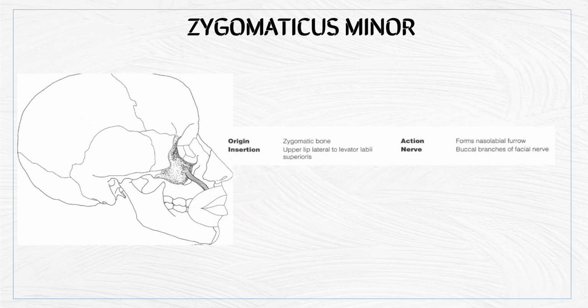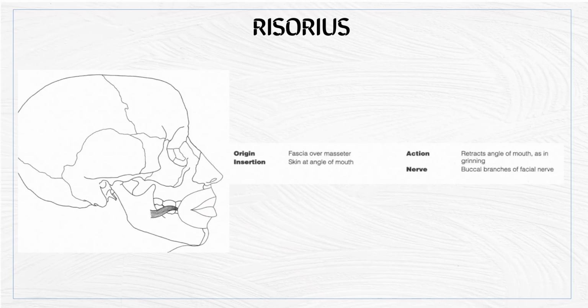Similar to major, minor muscle also originates from the zygomatic bone, but it is inserted in the upper lip lateral to the levator labii superioris. Levator labii superioris will be inserted in this part. So lateral to this, zygomaticus minor is inserted, and the nerve supply is also buccal branch of facial nerve.